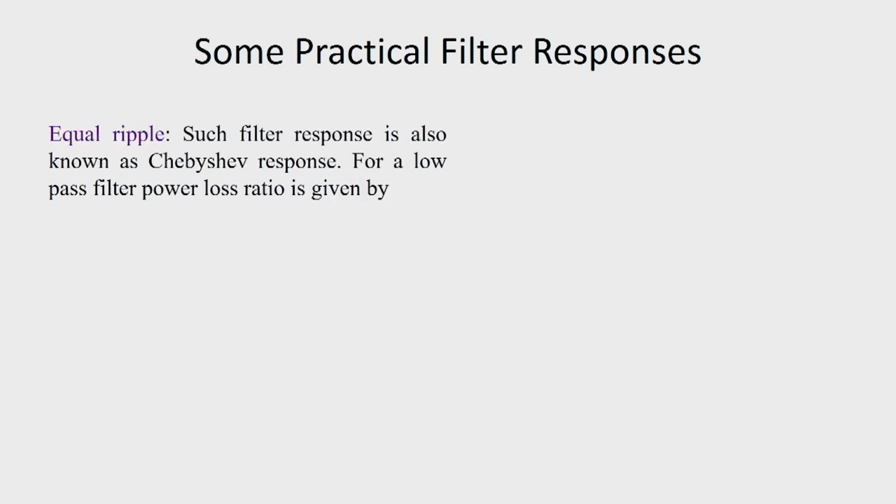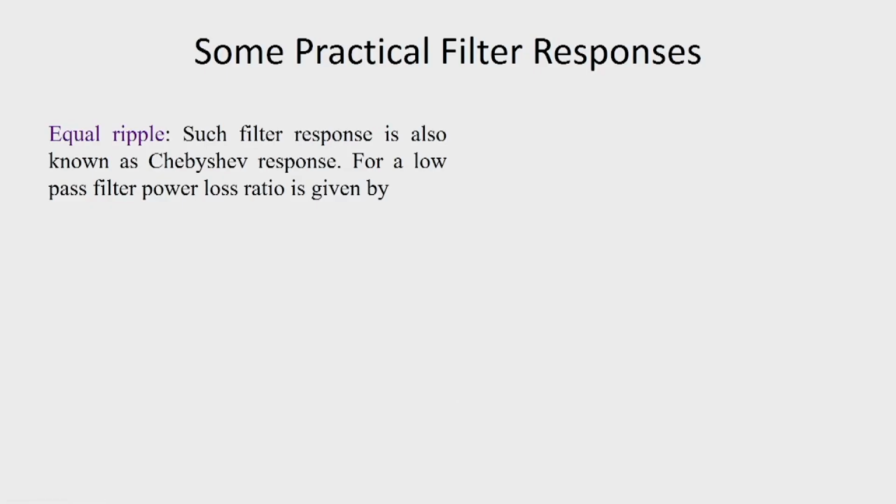Another response which is used in design of filters is equiripple. Such filter response is also known as Chebyshev response, and for a low pass filter power loss ratio is given by PLR is equal to 1 plus k square T n square omega by omega c.